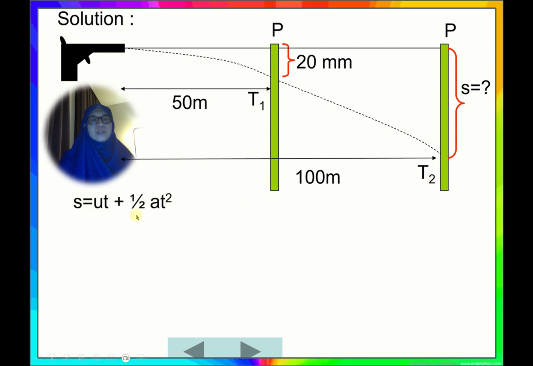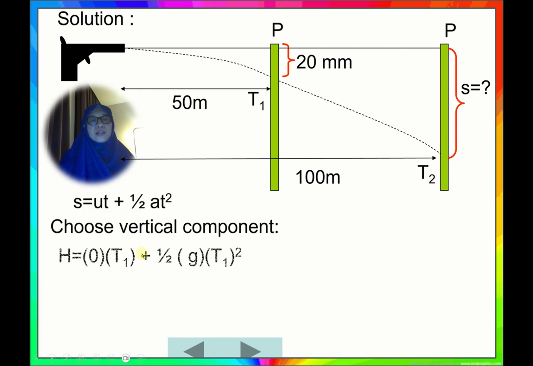S equals to UT plus half AT squared, so we still use the same equation, S equals to UT plus half AT squared. So you substitute the S here. I use H here, S also can, but I use H. Okay, so 0 times T1, time taken here for the first target, half GT1 squared.